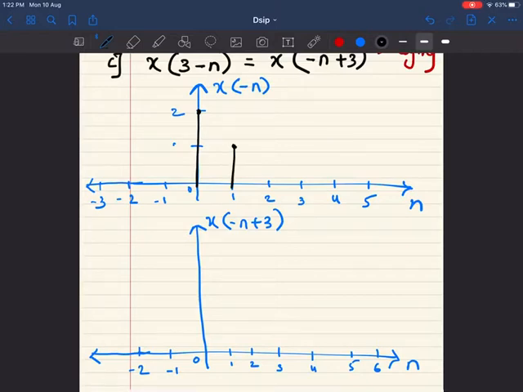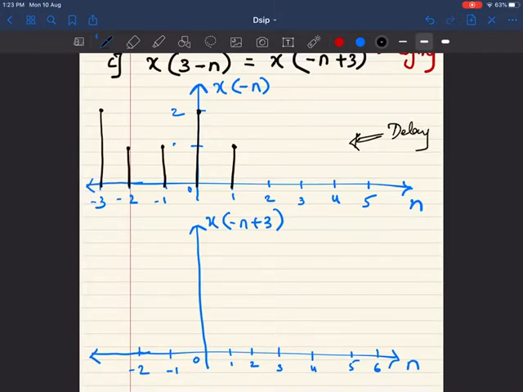So at -1 I had the value of 1, so at 1 it's going to be 1. If you still have confusion, kindly see the video on signal reverse, which I have previously uploaded. So this is how a folded signal looks. Now for this signal I am going to perform delay.